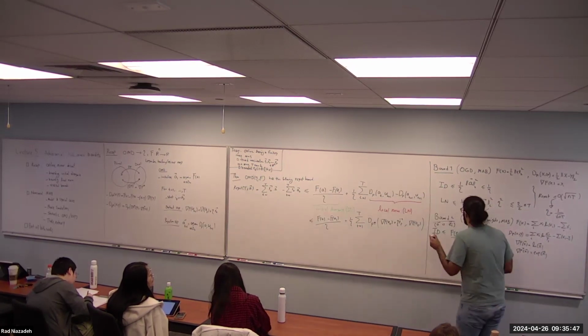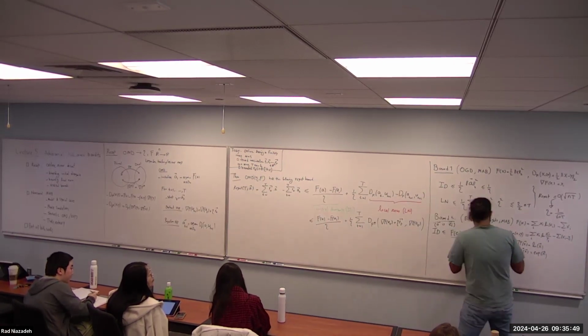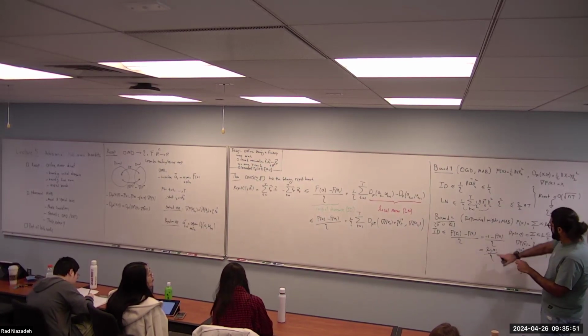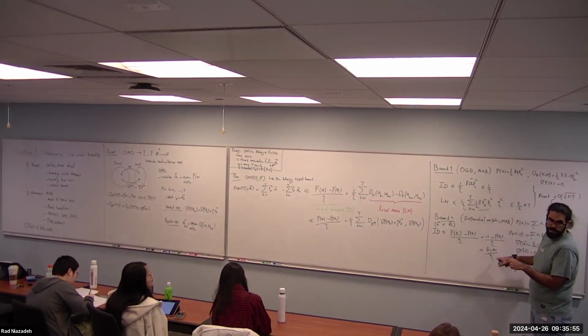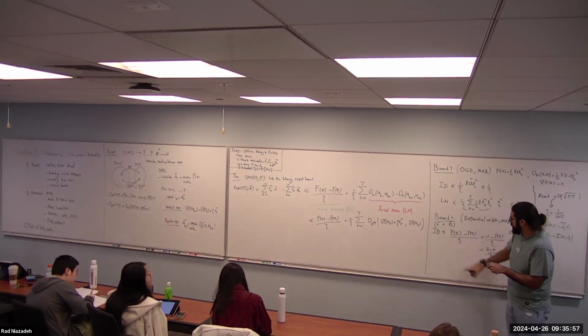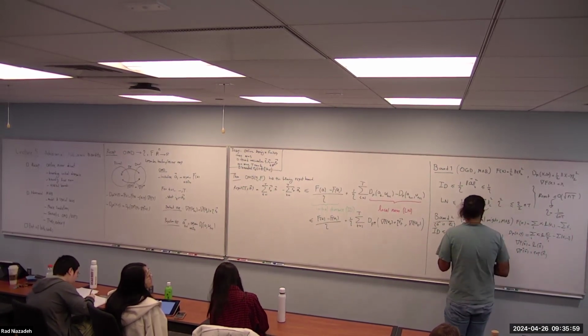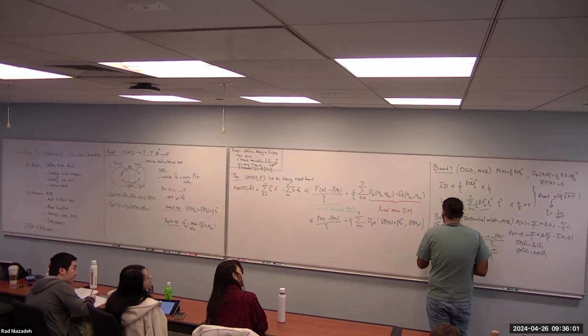The more interesting term is the local norm. So just to compare the two terms, in terms of initial divergence, OGD is doing a better job. But in terms of local norm, exponential weight is doing a much better job.